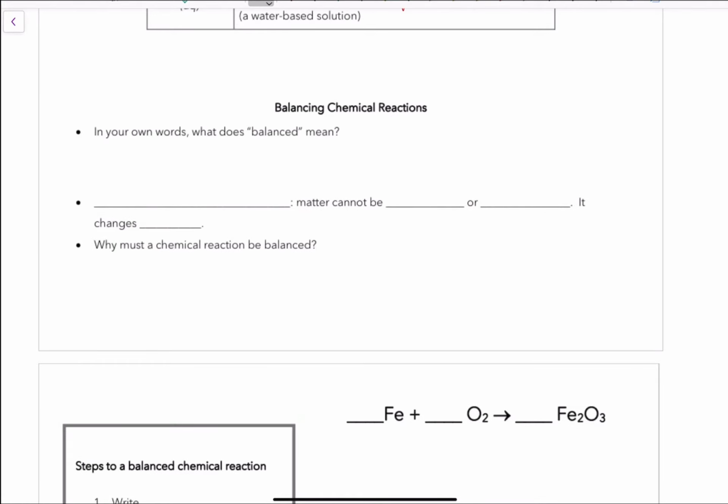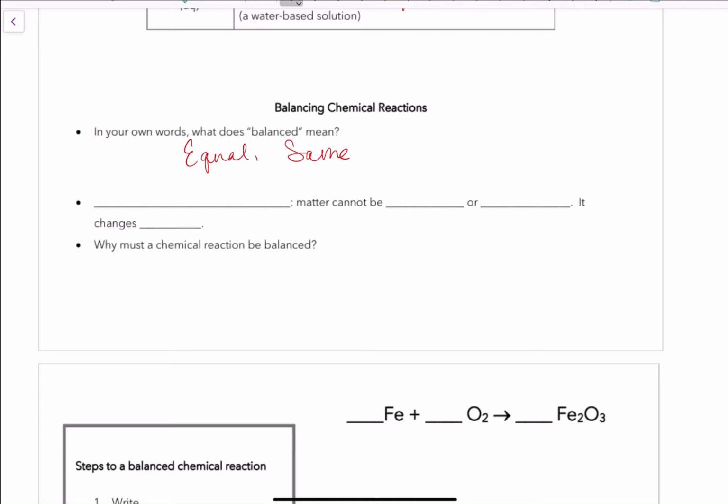Before we talk about balancing chemical reactions, take a second and pause the video and answer this question. In your own words, what does balanced mean? So maybe for balanced, you wrote down that something would be equal, or maybe you put the same, or something else.